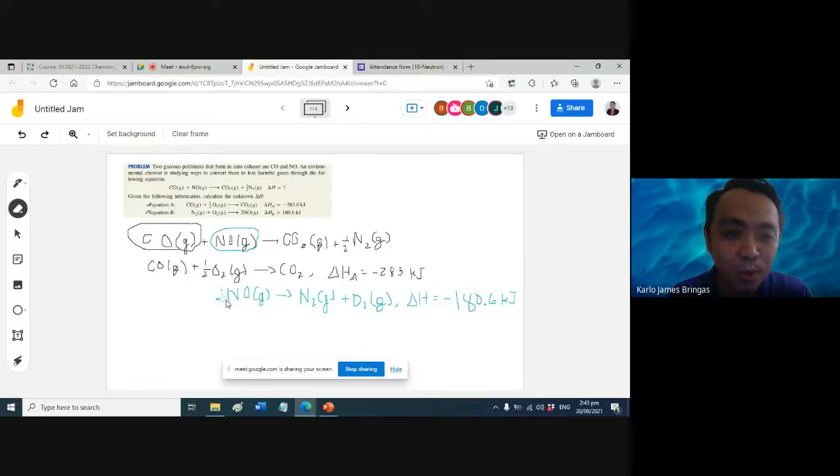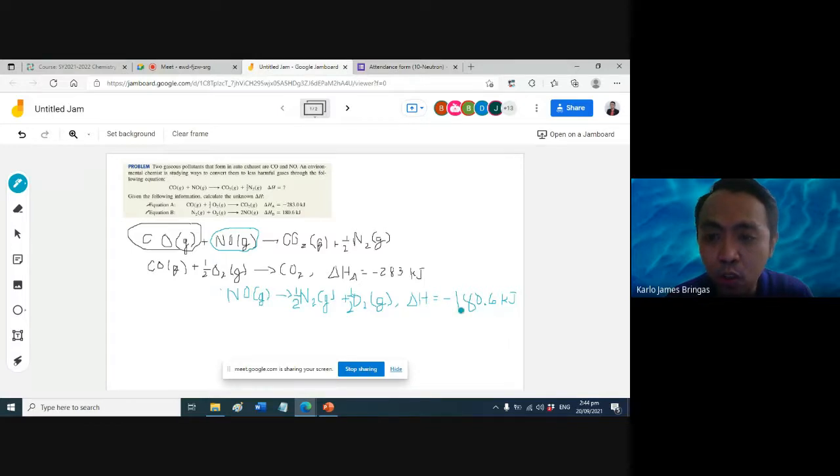So 2 divided by 2 gives me 1 NO na lamang. And as for the nitrogen, 1 nitrogen times 1/2 gives me 1/2 N2. Same rin kay oxygen. So 1 oxygen times 1/2 gives me 1/2 O2. And for the delta H, we also have to divide this one over here by 2.